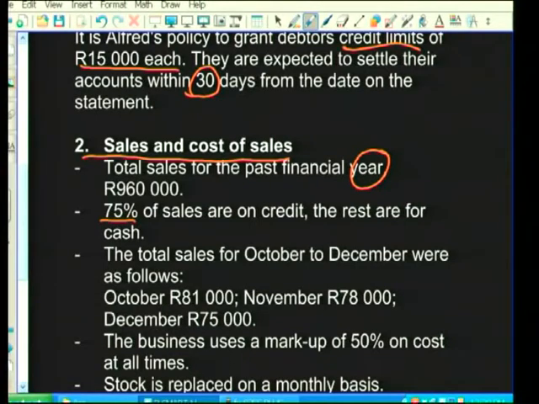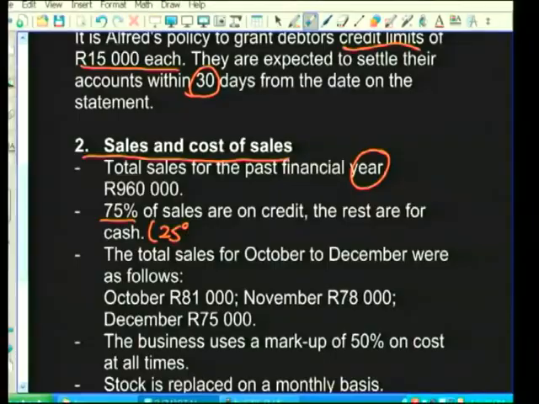The rest are for cash. Now, guys, remember, total sales represents 100%. If 75% is on credit, obviously, guys, 25% is cash. So I'm going to fill that in. 25% is then obviously my cash sales.